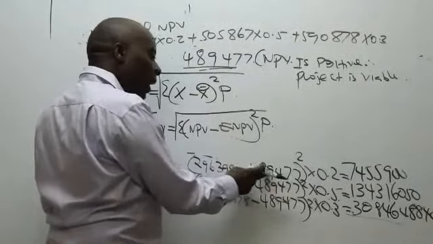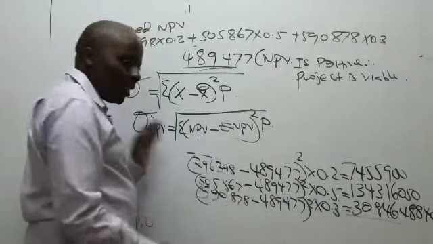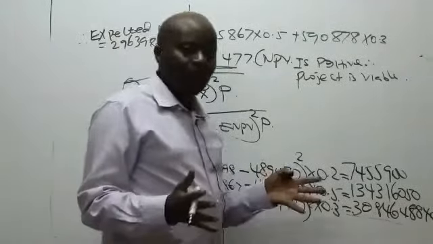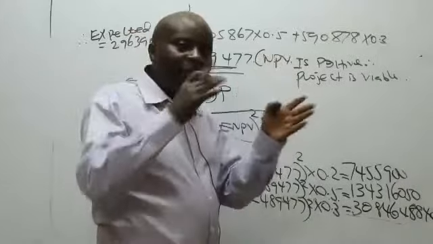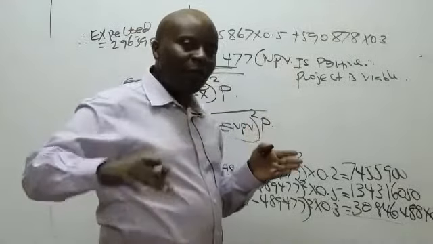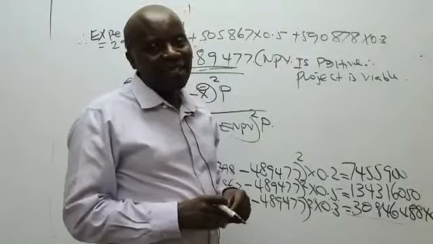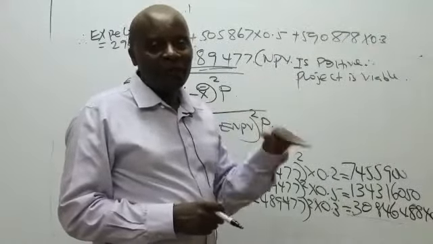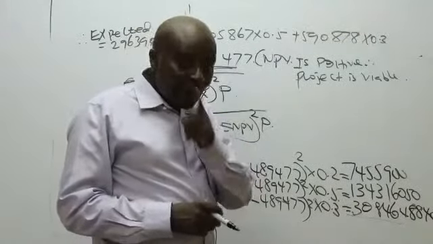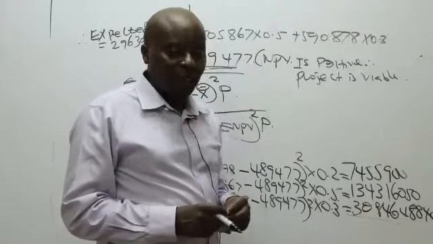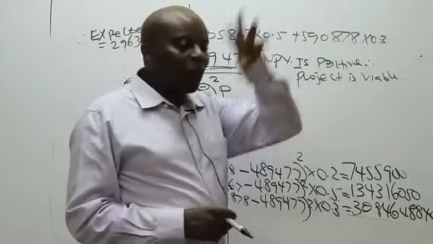This X bar has to be constant throughout. It has to be for the whole project. You can't have X bar being a different figure between the various scenarios. It cannot work. The moment you find X bar being different between the figures, please run away from that question because you are doing the wrong thing. It has to be the average of the whole project.